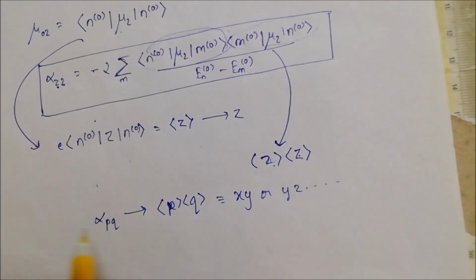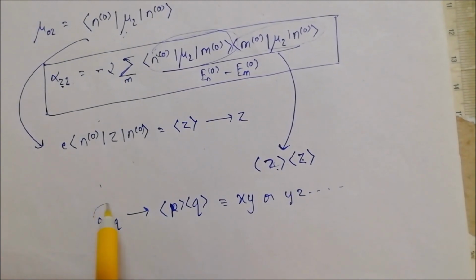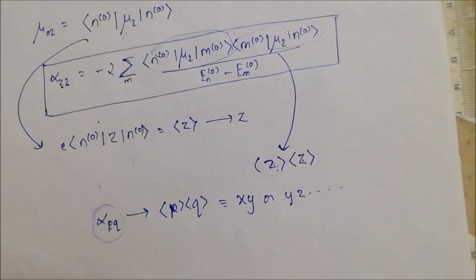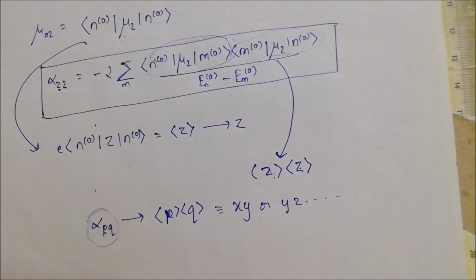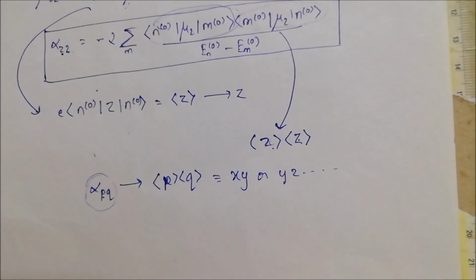So this polarizability element transforms into quadratic terms, which is the reason for the Raman effect. I'll discuss that in the next lecture, but maybe you can see this through this one.